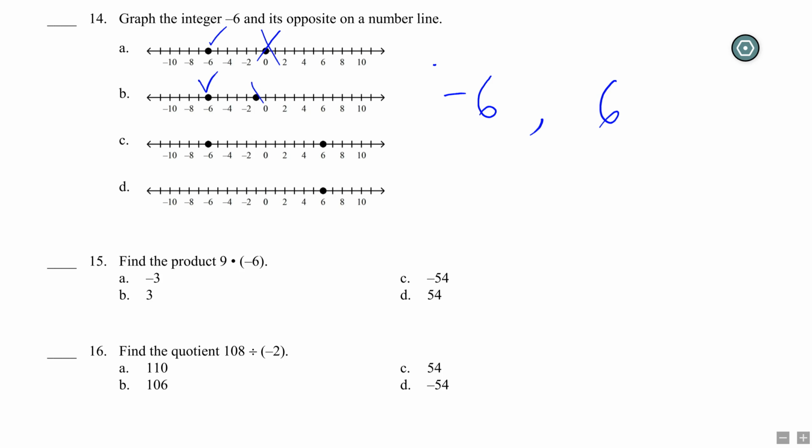B has -6 and opposite -6 or +6, so we're good there, and then another has just the opposite of -6, but I don't have -6. So it says there to graph -6 and its opposite, so the only valid answer choice then would be C.